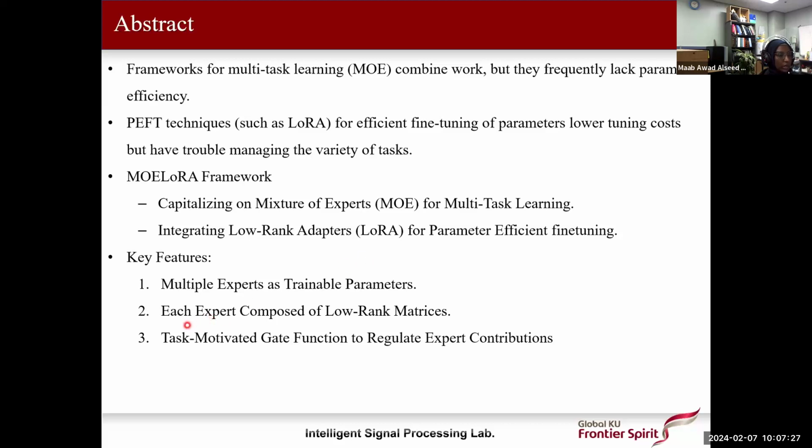Each expert consists of the low-rank matrices from the LoRA method. And to control the contribution of each expert, we will use a task-motivated gate function.